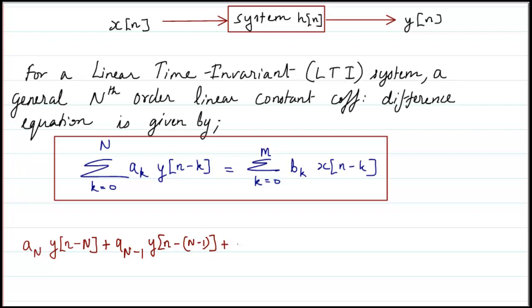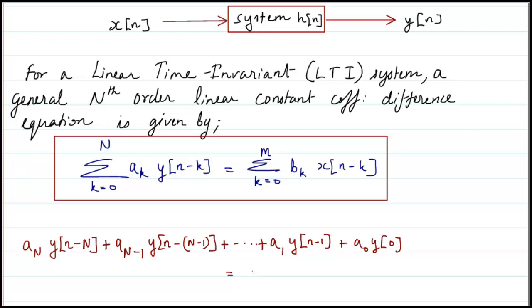Like that it will go all the way up to a1 y of n minus 1 plus a0 y of n. You can see that the equation does not have any differential component, but only the different outputs.